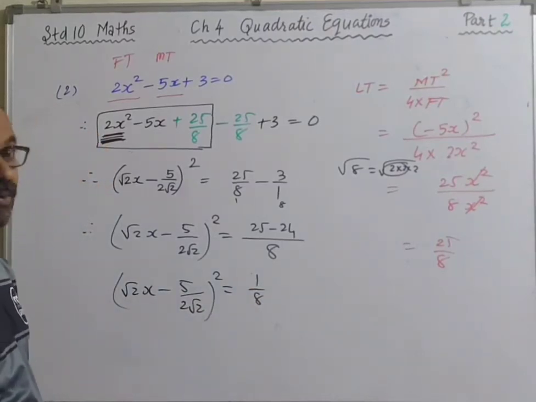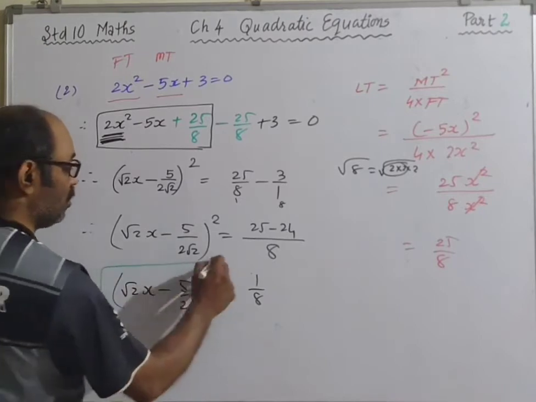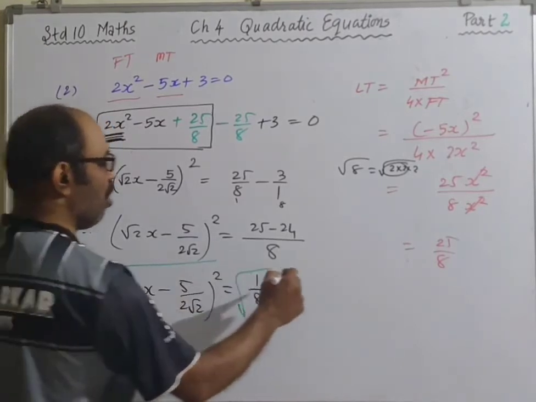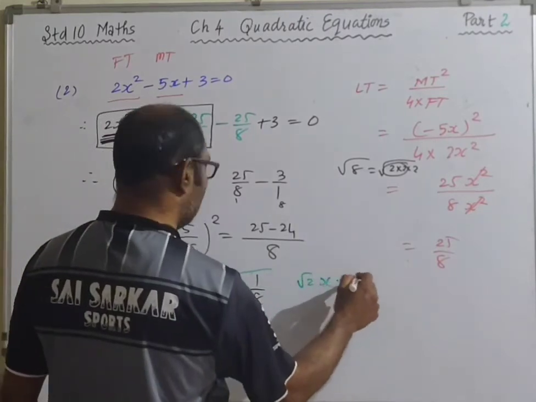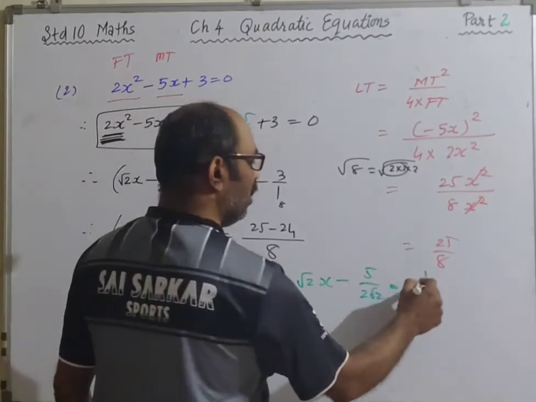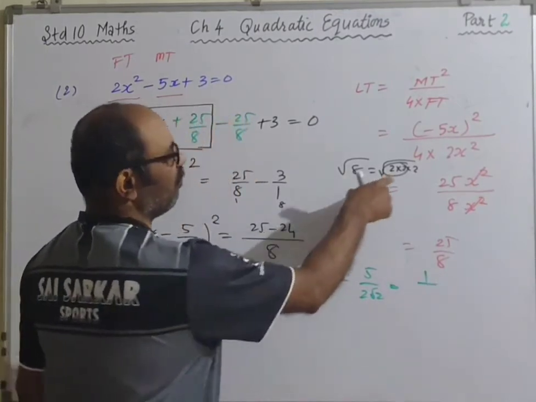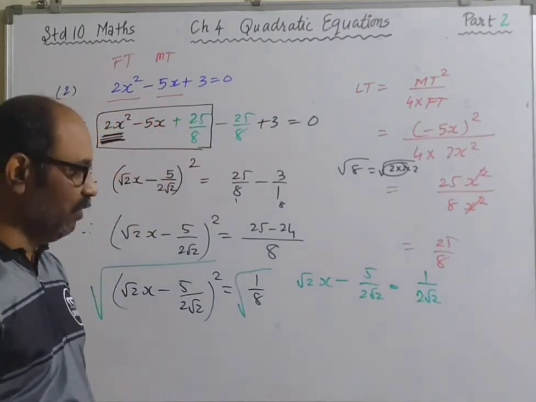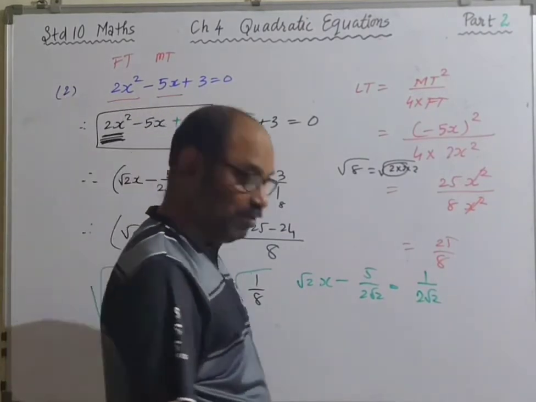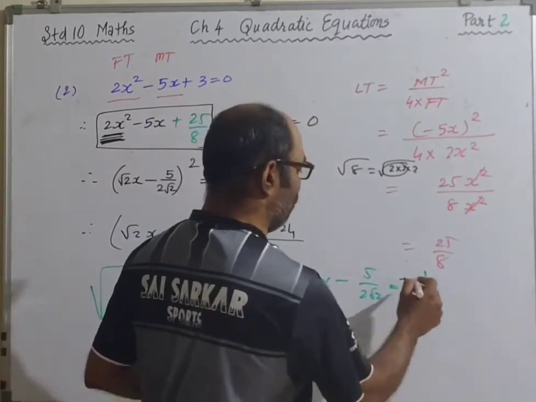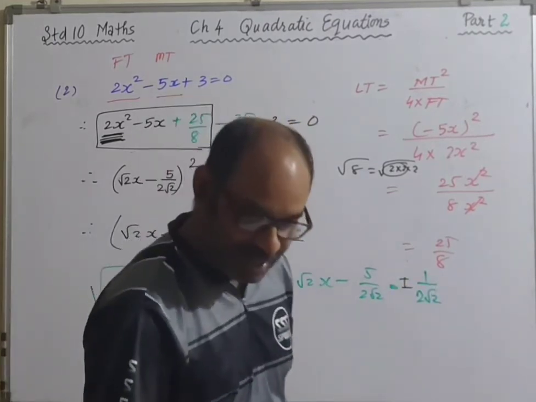Now you want to take square root. Square root of left hand side is equal to square root of right hand side. So square root gone. Root 2x minus 5 upon 2 root 2 is equal to 1. Square root of 1 is 1 and square root of 8 we saw is 2 root 2. To make x the subject, one thing is very important. When you take square root, you have to write plus or minus.